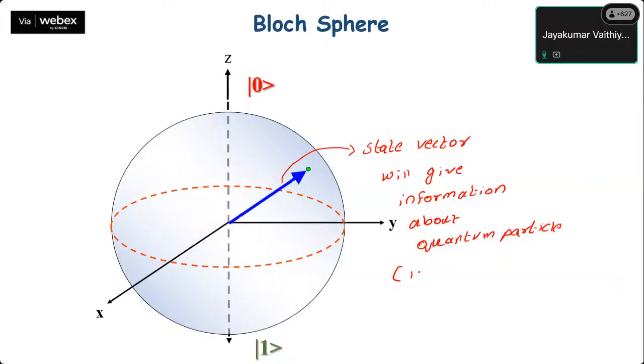It could be an ion, an electron, any subatomic particle. Note down this point. This is called the quantum state vector, because it is pointing to the quantum particle.